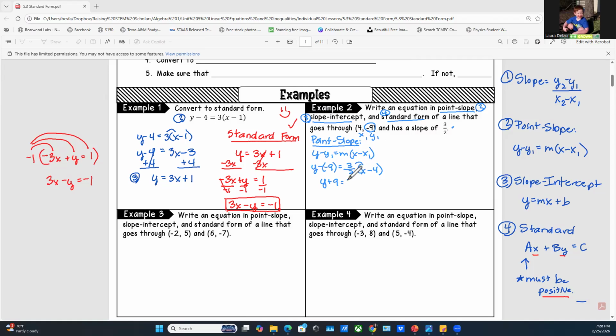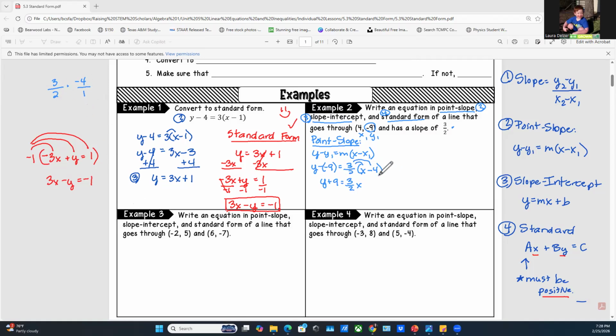Okay, so we got 3/2 x and then 3/2 times negative 4. We can do a little scratch work over here. When we're multiplying fractions, remember the negative is on this guy times negative 4. Remember this 4 is really over 1, so we're multiplying 2 fractions.